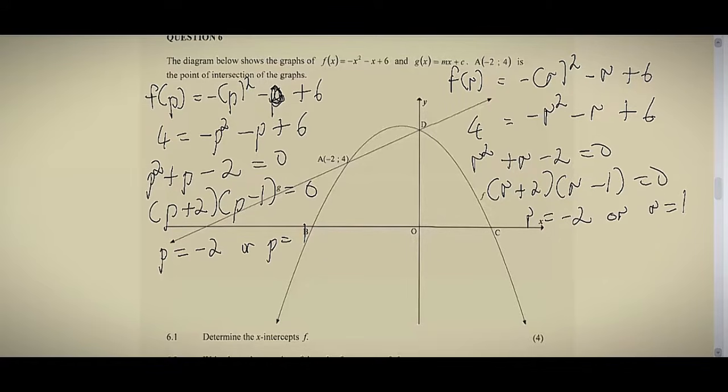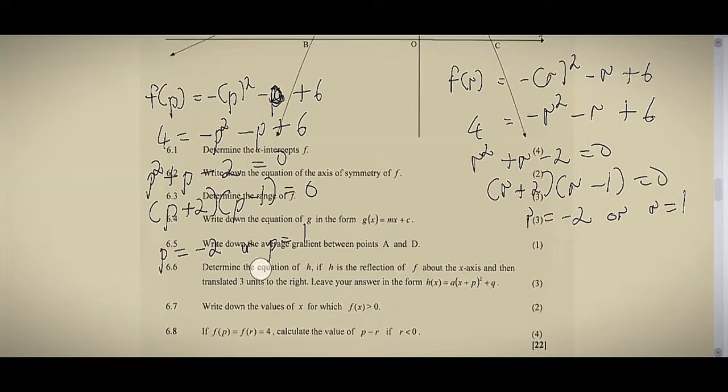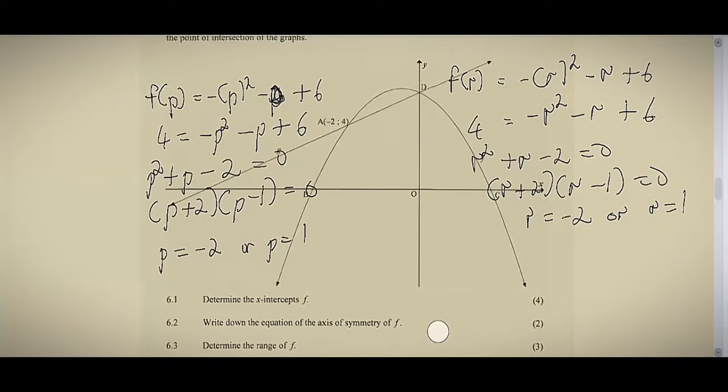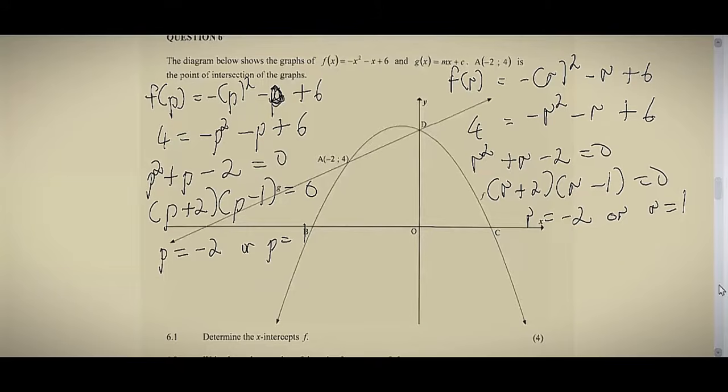But then they said calculate the value of p minus r if r is less than 0, right? So if r is less than 0, that means we cannot use this value here for r, because we are looking for where r is negative. So in order to calculate that, what are we supposed to calculate? The value of p minus r.